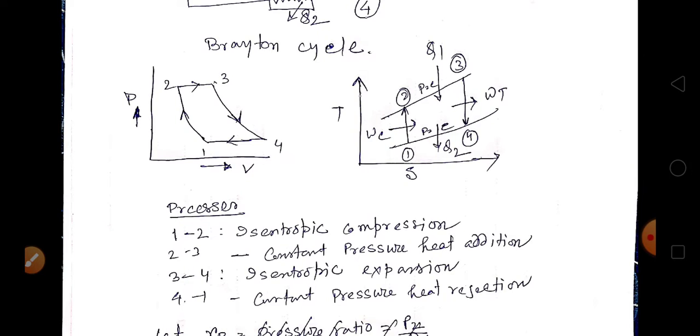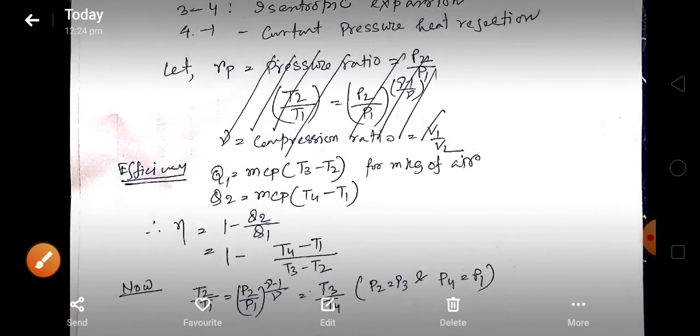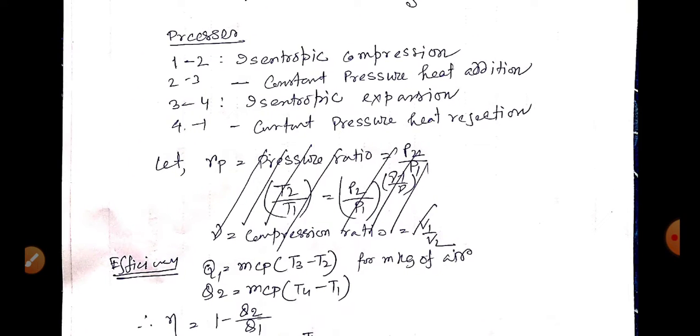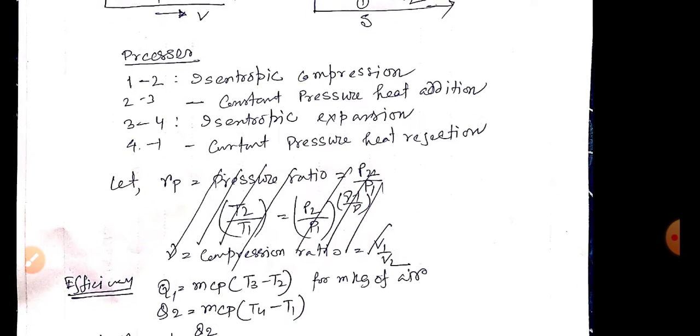So here the PV and TS diagrams are given. You just have to understand these two diagrams. Now you have to derive the efficiency of that particular cycle. So Q1 is the heat input in the 2-3 process.